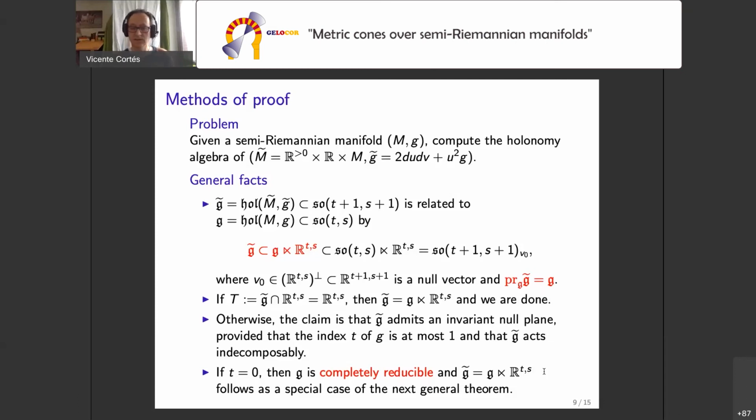In that case, the result here follows from the next theorem, which is a theorem only about this completely reducible case. If we assume that the representation is completely reducible, then this special theorem shows that the holonomy algebra is such a semi-direct product. This is on the next page. Later we will have to discuss also the case when it's not completely reducible, but for the moment, consider this completely reducible case.